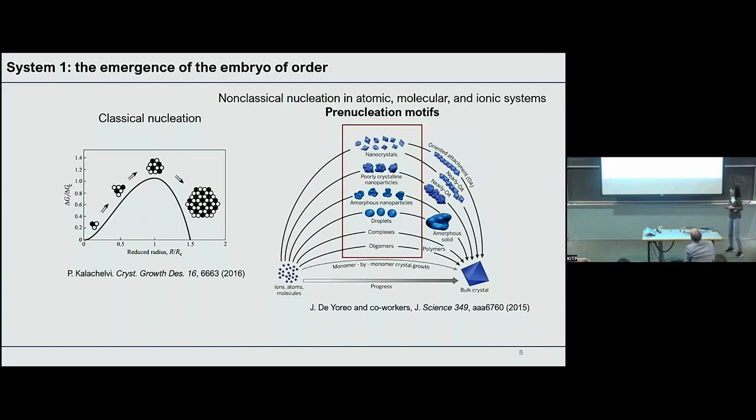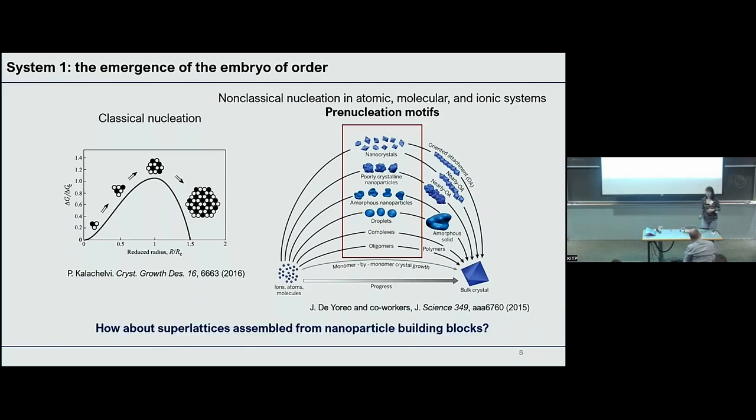Non-classical nucleation means that instead of individual building blocks directly forming the final crystal, they will undergo a diversity of pre-nucleation motifs. These pre-nucleation motifs have been shown in atomic, molecular, biomolecular, or ionic crystals. So our question is, how about when the building blocks are inorganic nanoparticles?